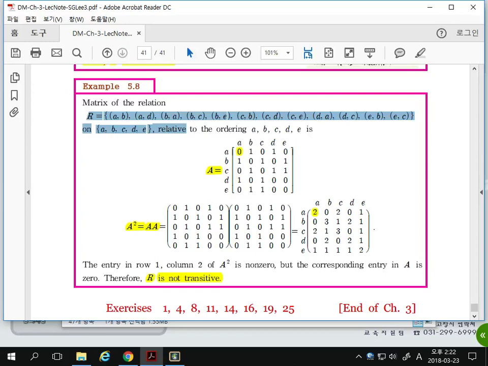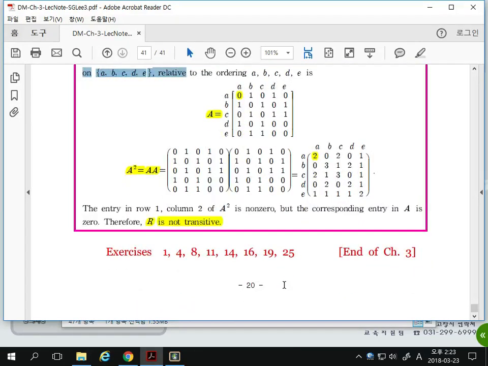So you can come and go. That's the concept of combinatorial matrix theory. Whatever mathematics you learn, you can use it. You can prove the same thing and conclude the same thing with the other tools that you have learned. Most of you already have some knowledge of matrices, so you can use that knowledge to deal with important concepts in discrete mathematics. I think that's the end of chapter 3.